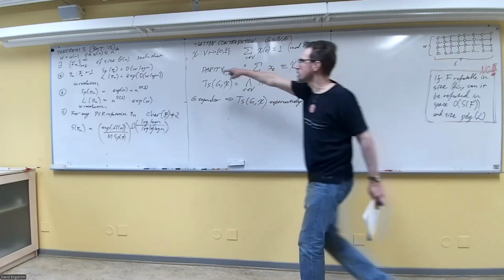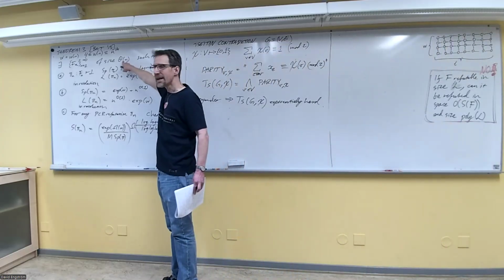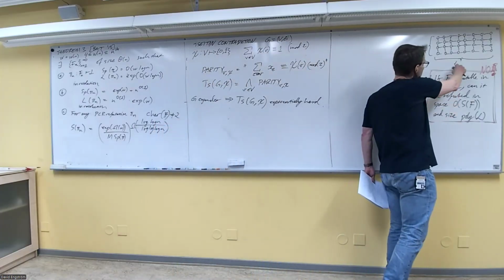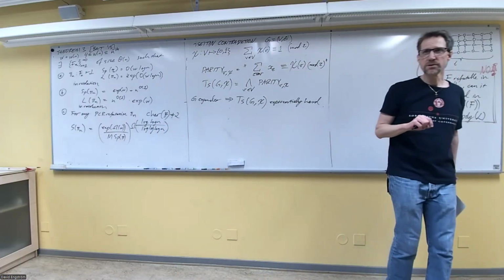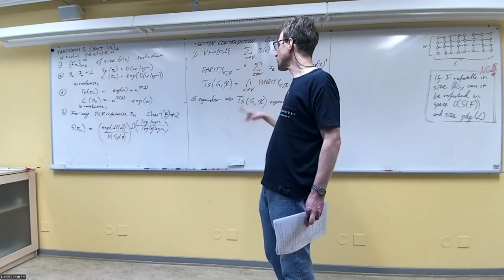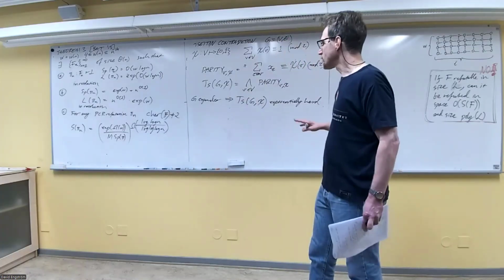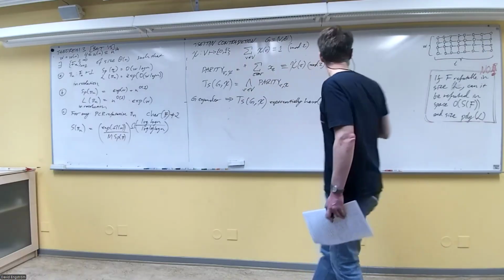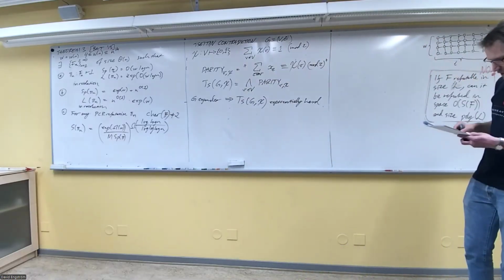w is the same w as over here. n is now a little bit overloaded. Actually, n is going to be l times w. Basically, I'm going to avoid saying n from now on, and I'm just going to work with l and w.